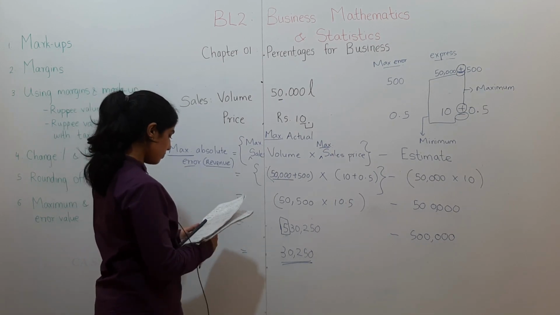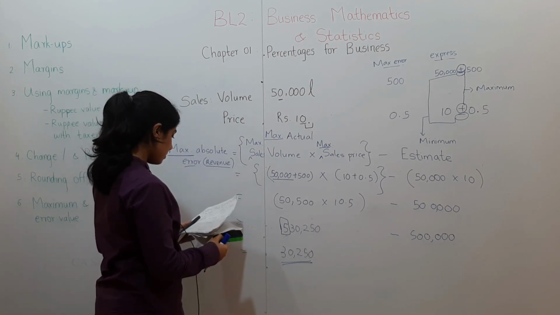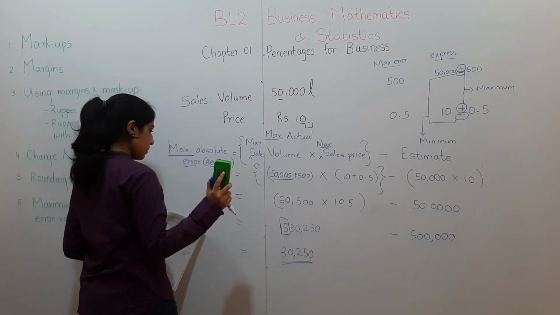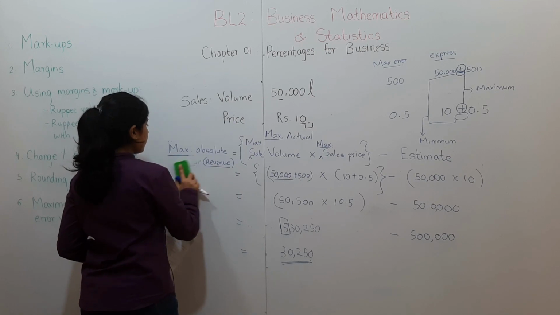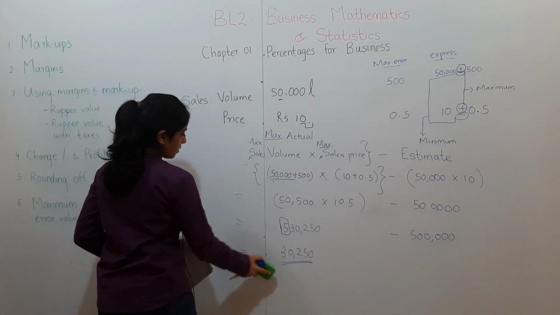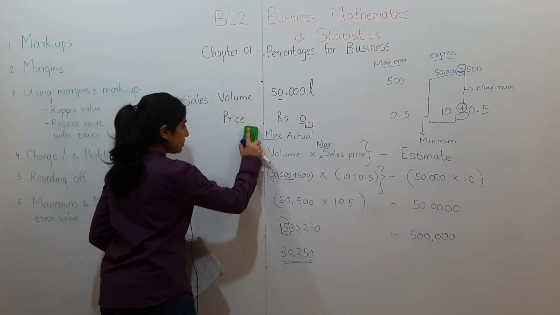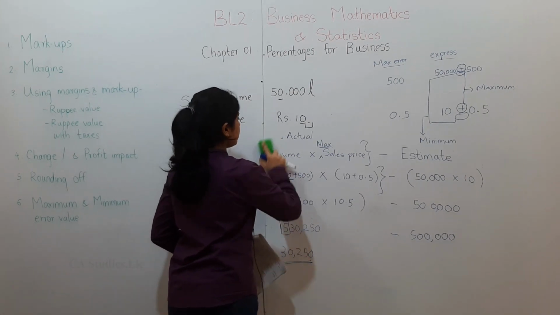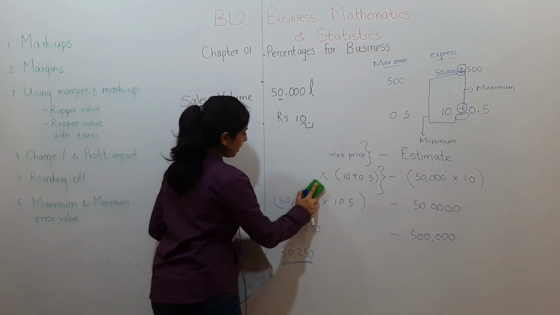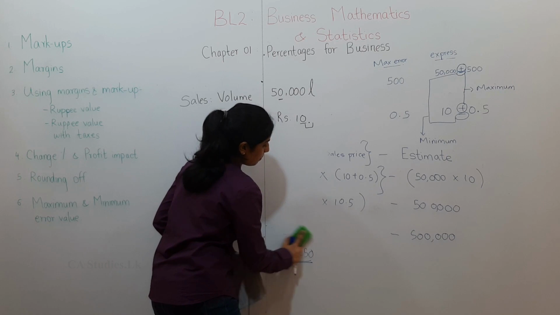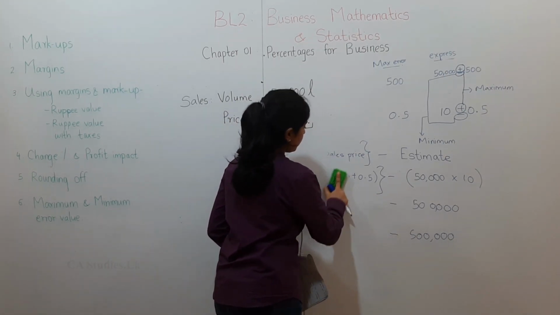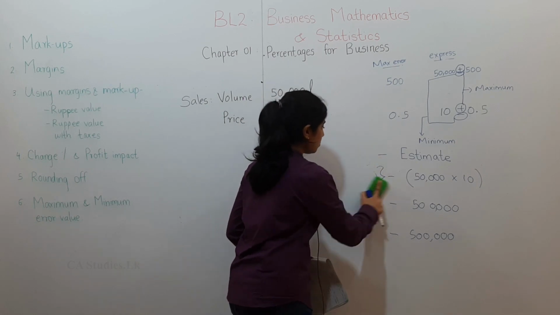Now with that, let's find the relative error for revenue. Maximum relative error for revenue. Remember this 30,250 is the absolute error. Always remember the formulas that are given and see the steps to apply them. Step 1, step 2, step 3. Then it is easy for you to do.